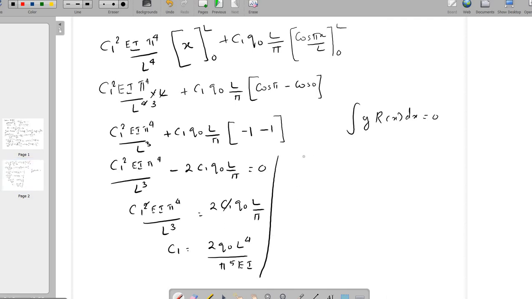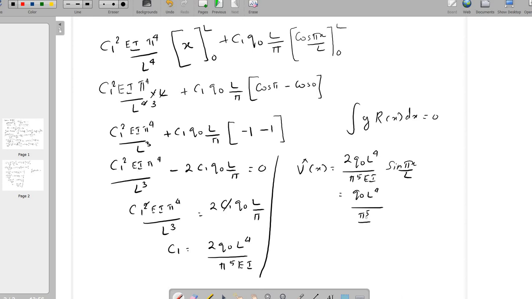Then the value of V of x is equal to 2 Q naught L power 4 divided by pi power 5 EI sin pi x by L. So you can compare the result.